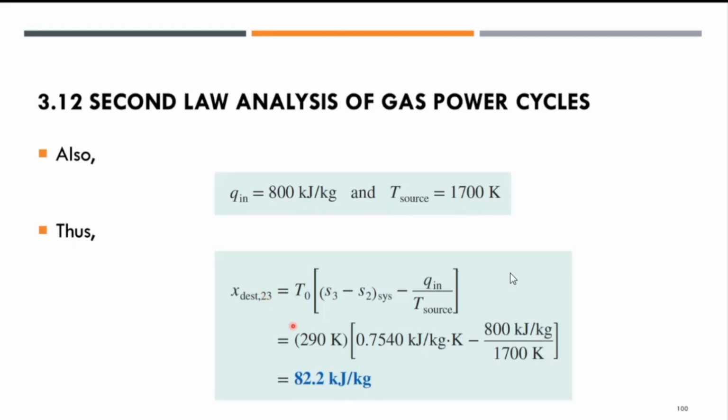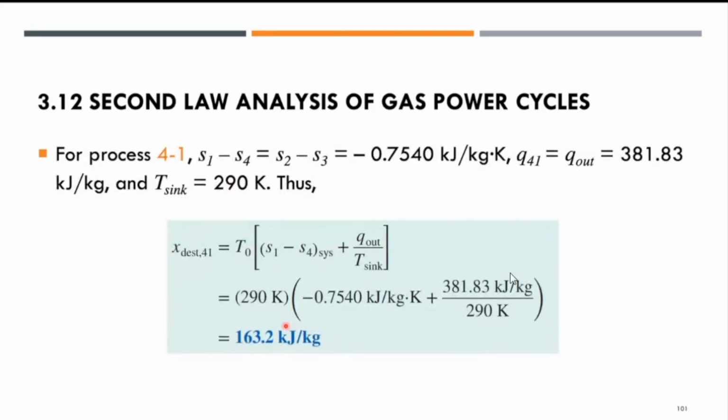Okay. For process 4 to 1, you can also do the same approach. Because s1 minus s4 is equal to s2 minus s3, the entropy change is the same, so you get the same value over there.